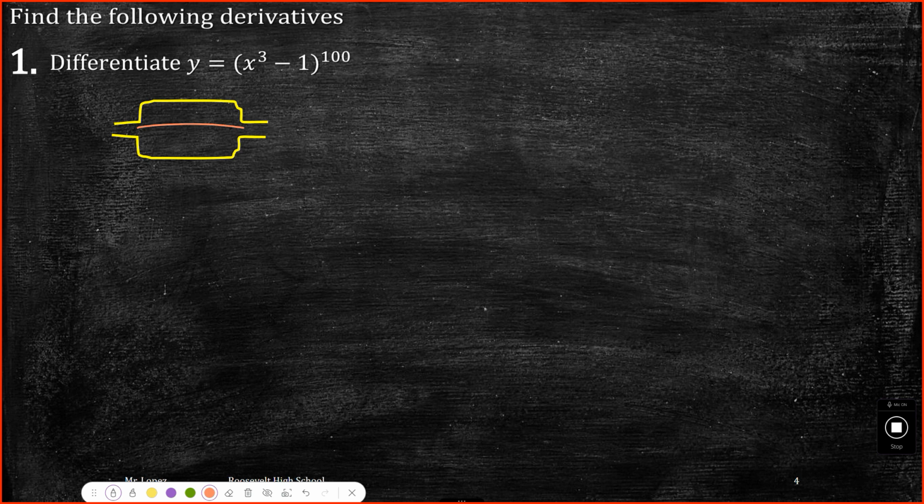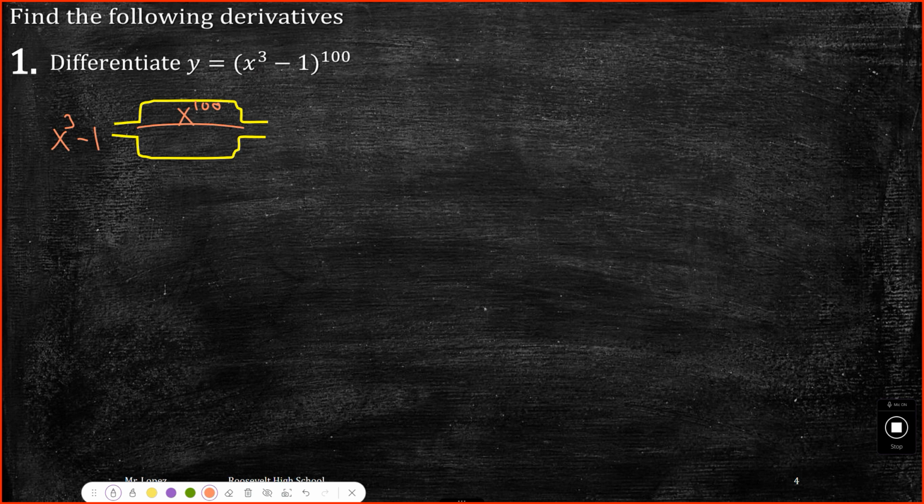It's going to be x to the power of 100. And then you plug in for x this x cubed minus 1. When they present something like this, it's like what's outer and what's inner.